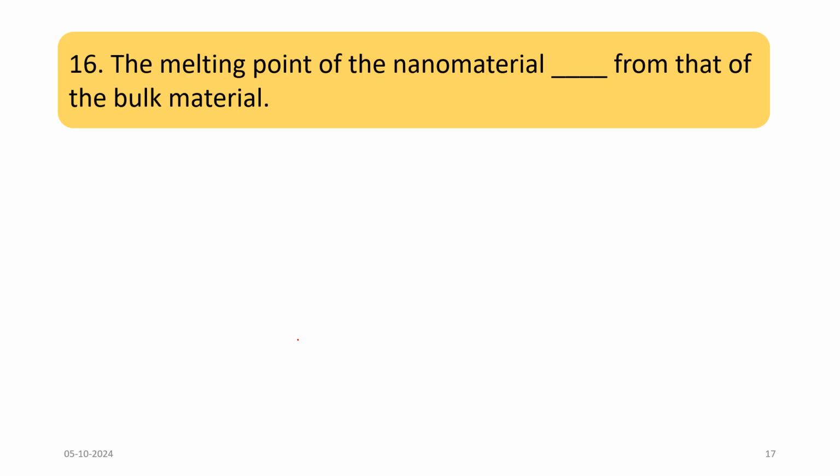Next, what is the relation between dielectric constant and particle size?